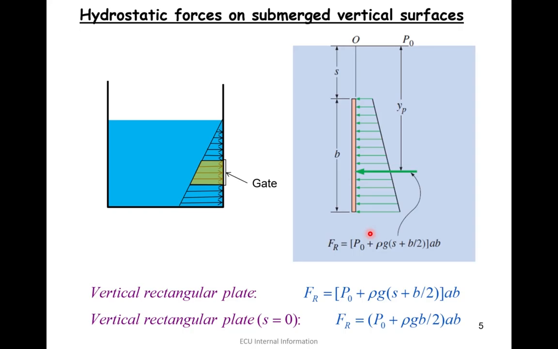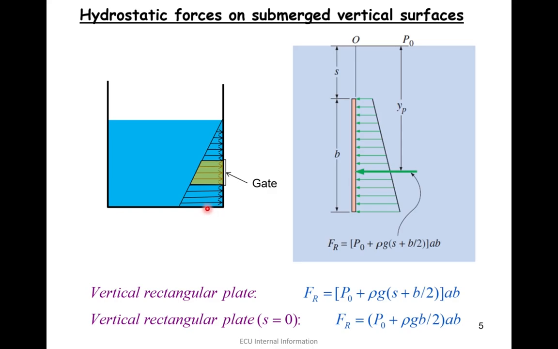Now, when we have a vertical wall, in terms of the distribution of hydrostatic pressure, we know the gauge pressure at the surface would be 0, so the hydrostatic force would be 0, and it increases linearly to the bottom of the tank. If the height is h, then the vector size at the bottom would be rho gh, that means the pressure.